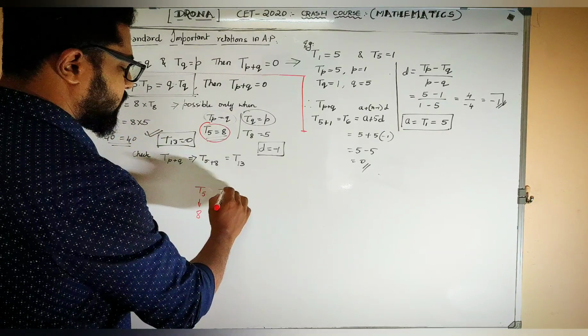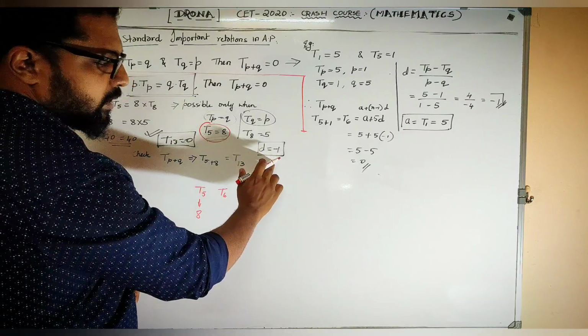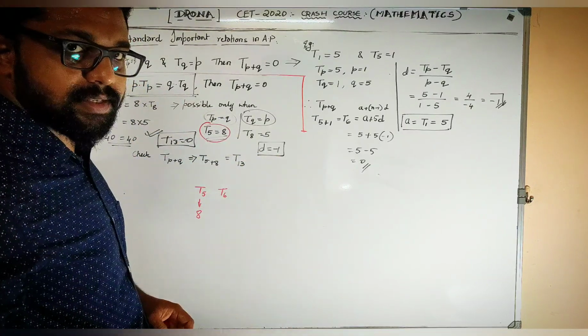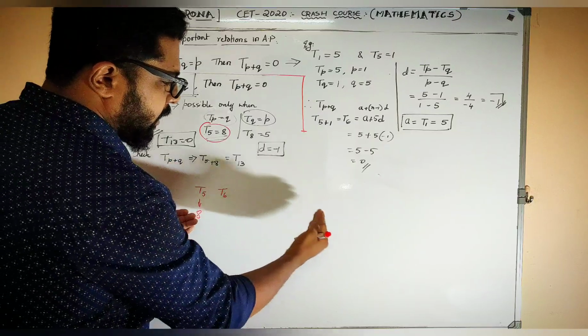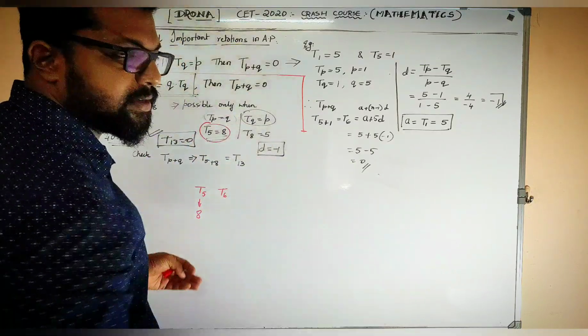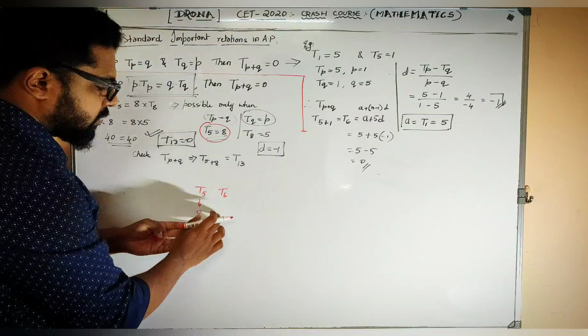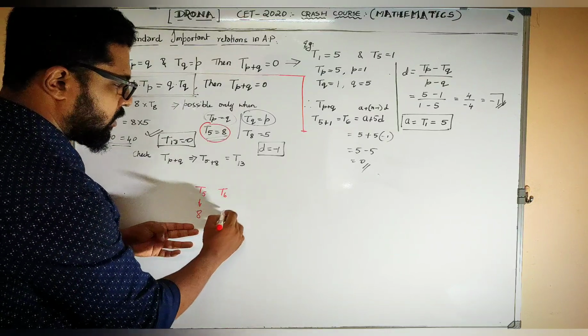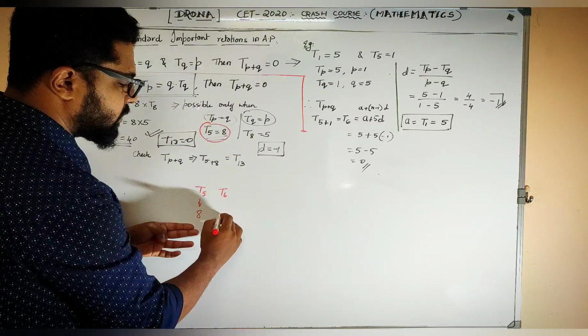The fifth term is 8. For the next term, that is the sixth term, I know the common difference is minus 1. If the common difference is negative, it will go on subtracting for the next coming numbers in an AP. So the sixth term will be nothing but 8 minus 1, that is 7.